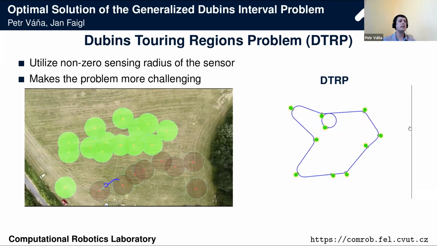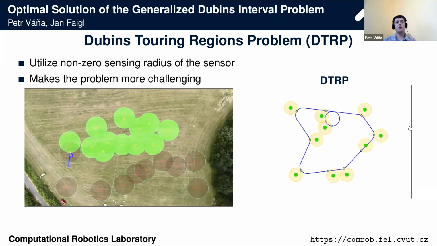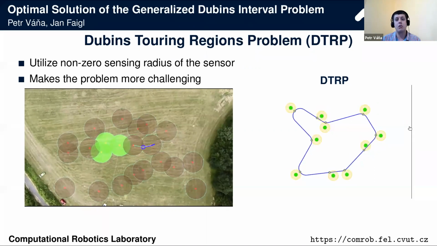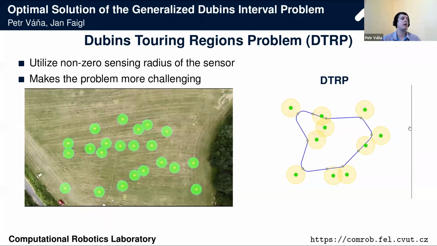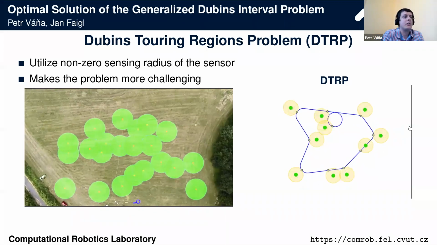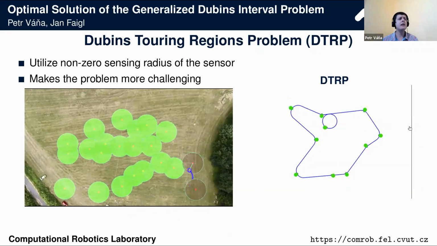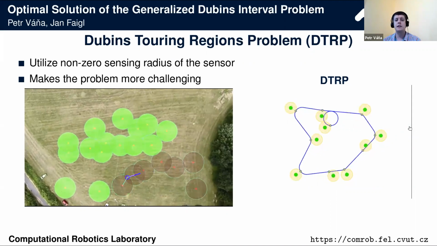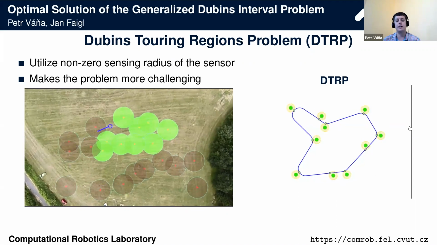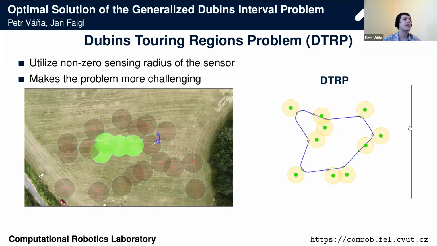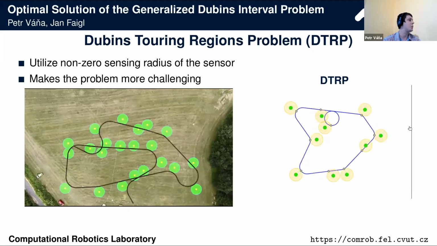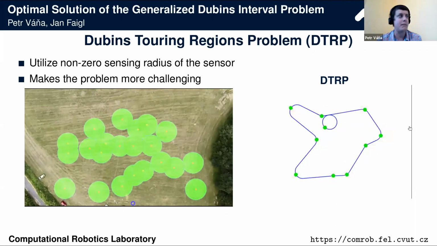It can be a sensing radius, or depending on the task, from which we can maybe collect the data or have a transmission to a base station. So the idea here is that using this sensing radius, we can have a shorter trajectory that captures all the data necessary. So it is not necessary to visit the location exactly anymore.